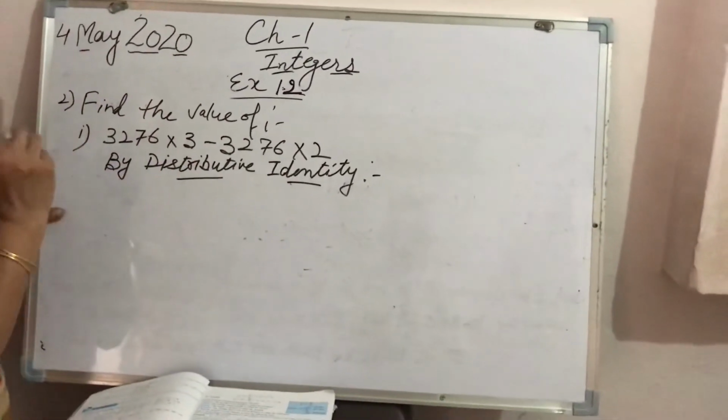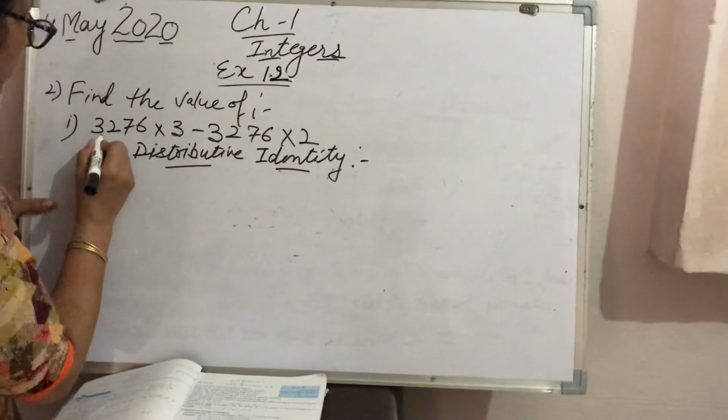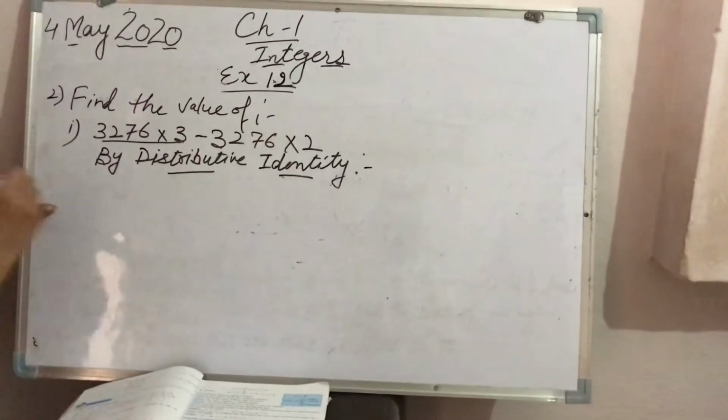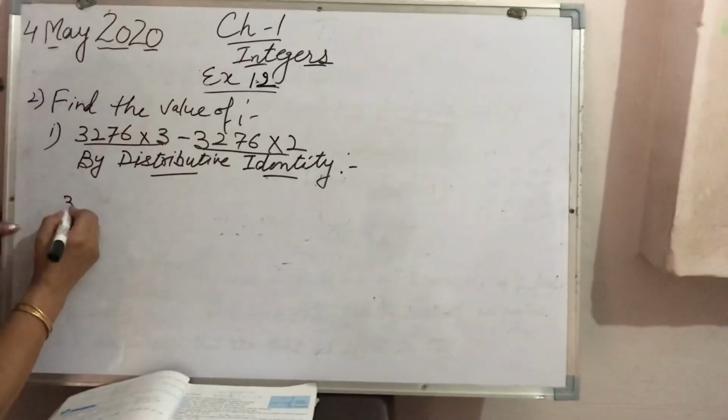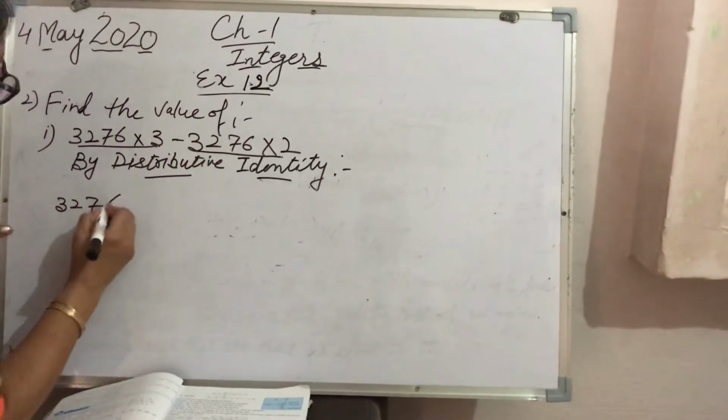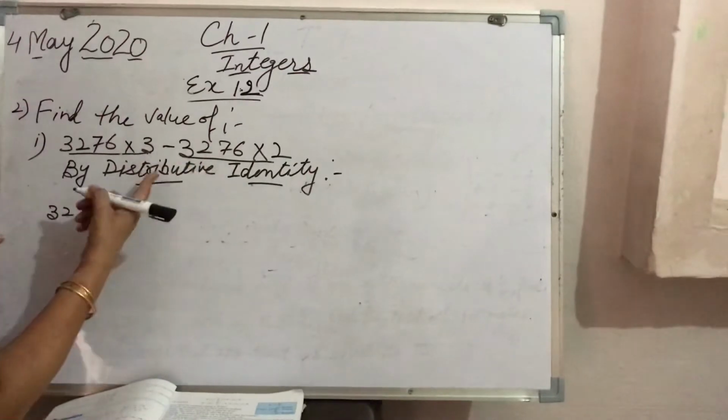So first of all, check which number is repeated and the multiples of the repeated number. So we have two pairs now. This number 3276 is repeated, we can take it common.